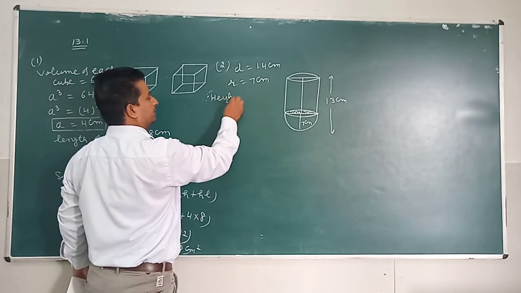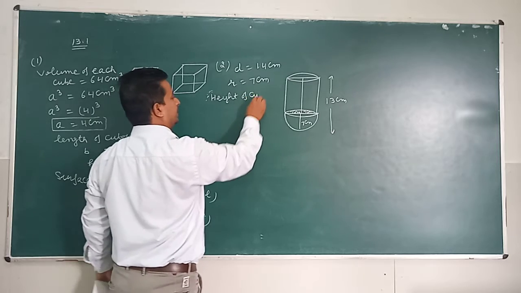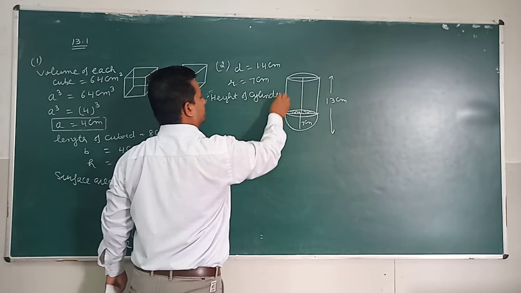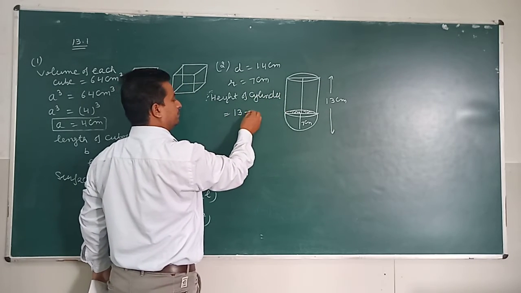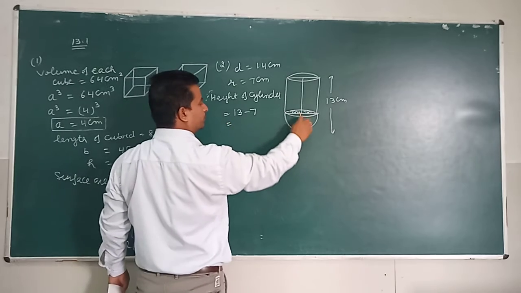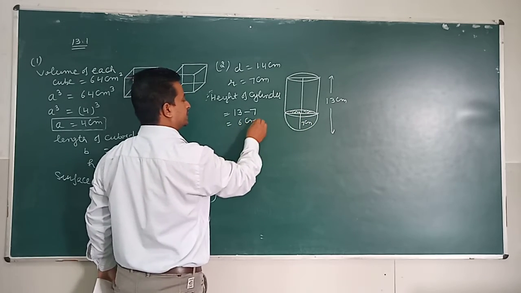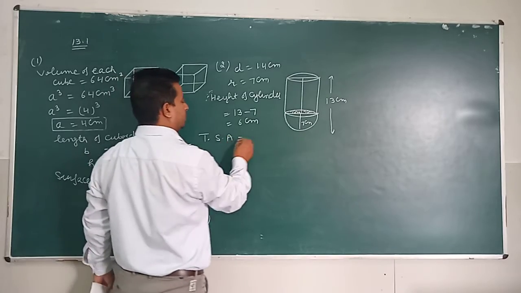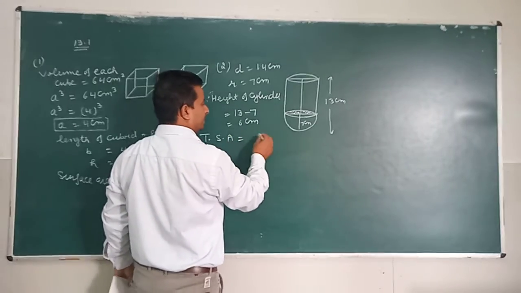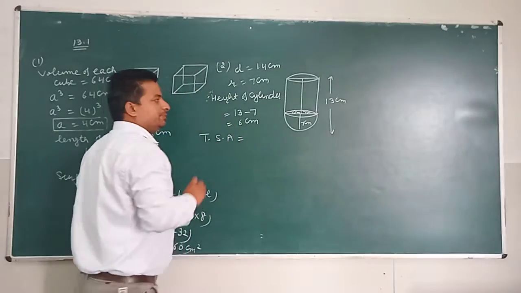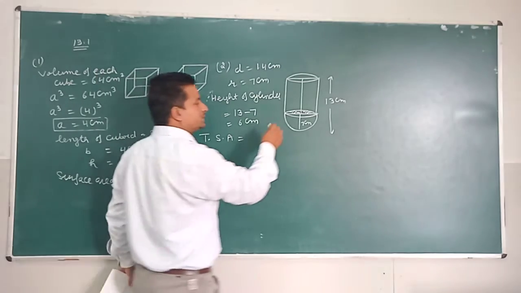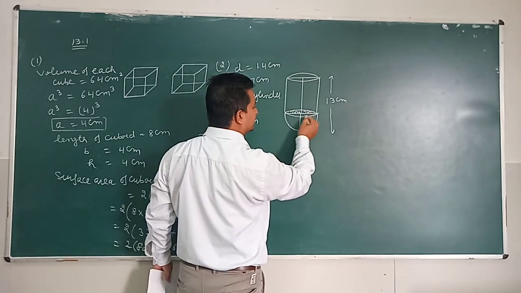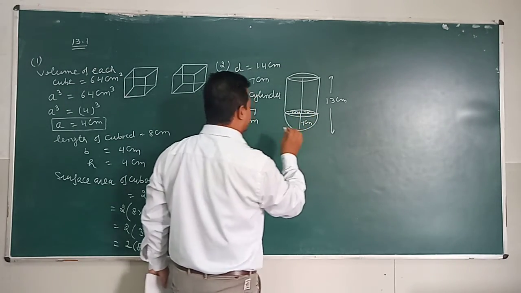First we find the height of cylindrical part. Height of cylinder is total height minus radius of hemisphere, which is 6 centimeter. So the total surface area of vessel is, one thing is important, when we find the total surface area, this surface area is added only once.